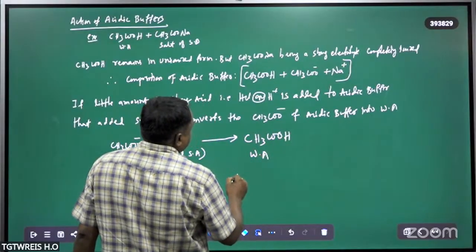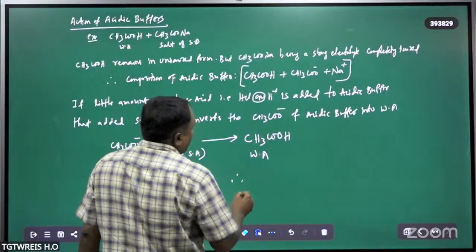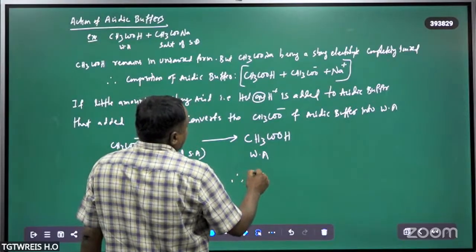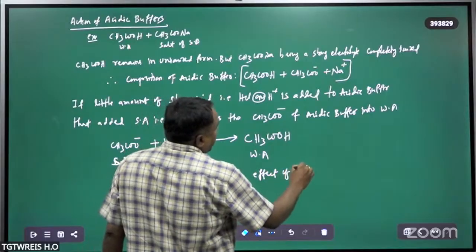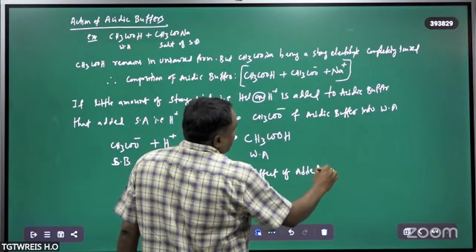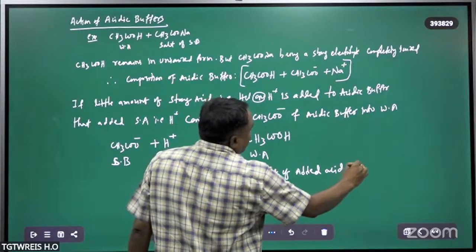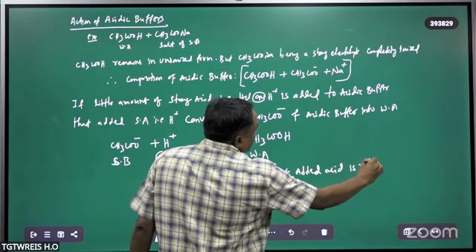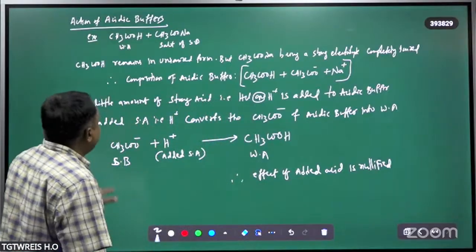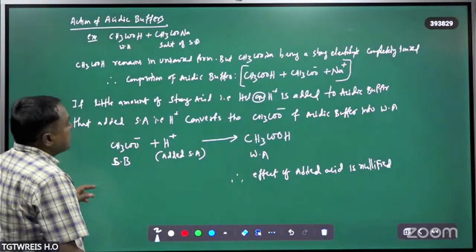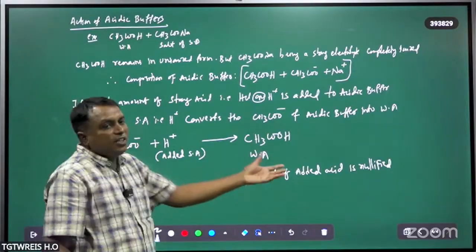Therefore, the effect of the added acid is nullified. Nullified means null, means zero. So here we are adding H plus to this strong base, and that strong base is converting into weak acid.